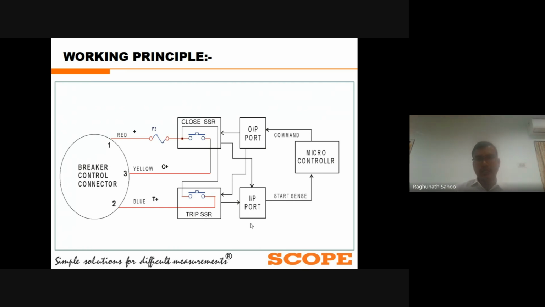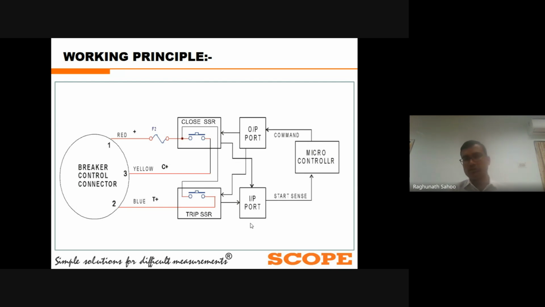Here there are three sections. One is the breaker control connector, which connects to the marshalling box. The second is the close SSR and trip SSR, that is the solid state relay section. I will discuss this in a later slide. The third part is the microcontroller with interface IO and input port.